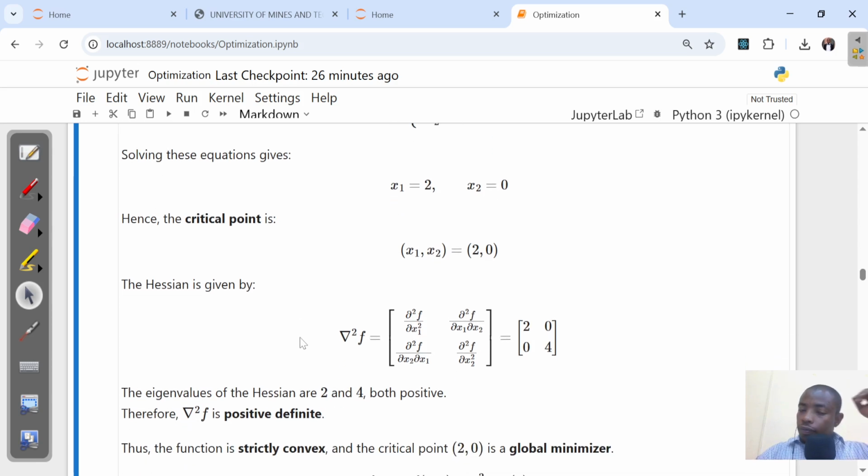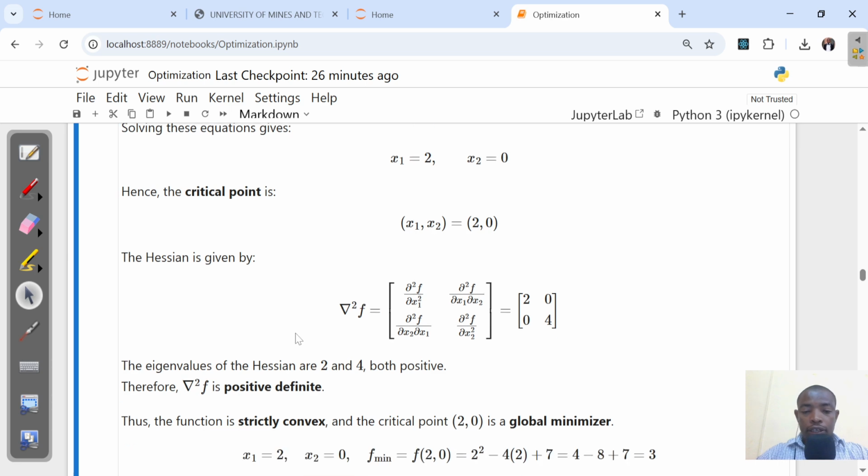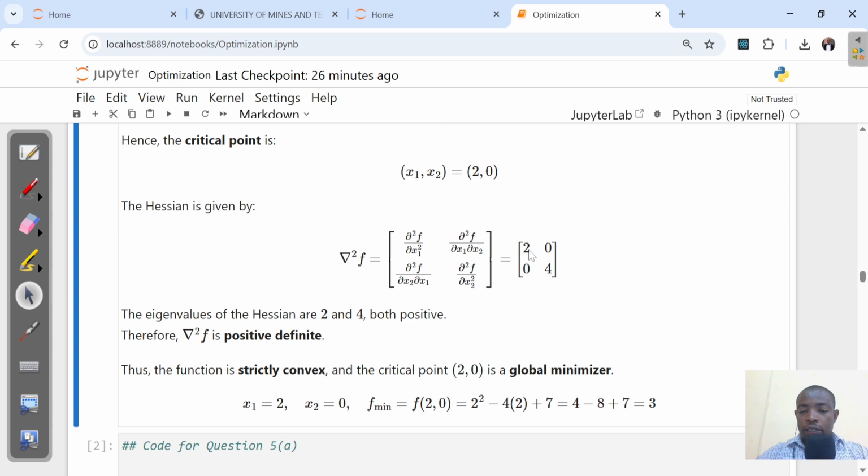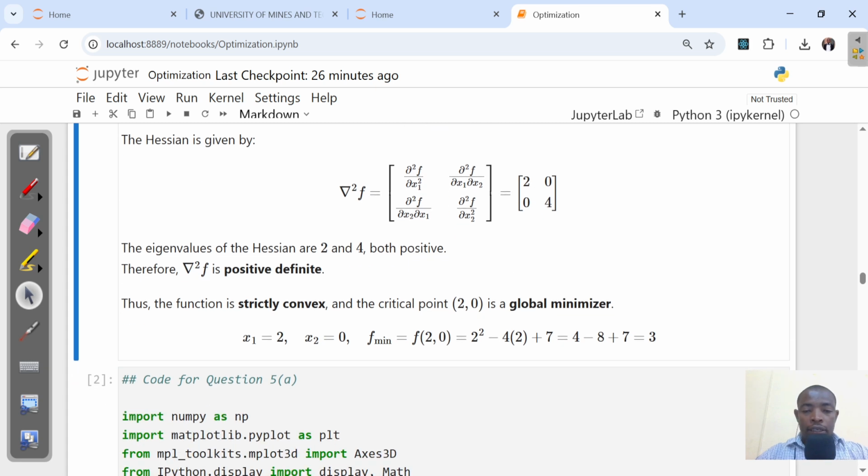To establish the global minima, because the first derivative gives only the necessary condition, the sufficient condition requires another differentiation, which leads us to the Hessian matrix. When we do the second derivative, we get 2004 as the Hessian matrix, and this tells us that this is a strictly convex function, and that the critical point (2, 0) is a global minimizer.